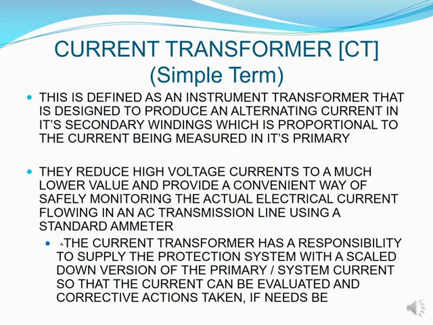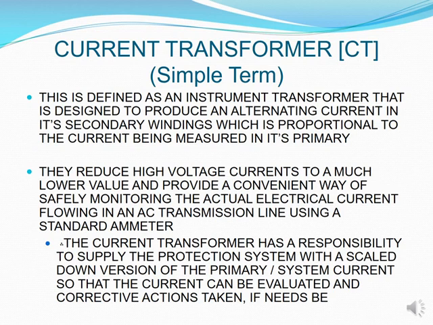Your current transformer is simply an instrument that we utilize which is designed to produce an alternating current in its secondary windings. And that alternating current must be proportional to the current that is being measured in your primary.